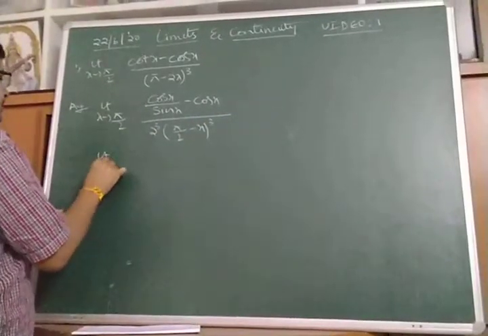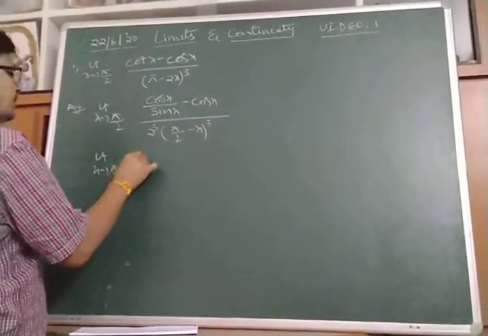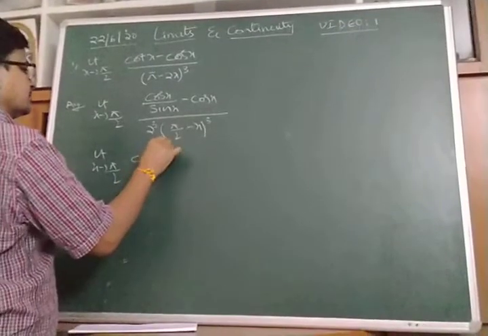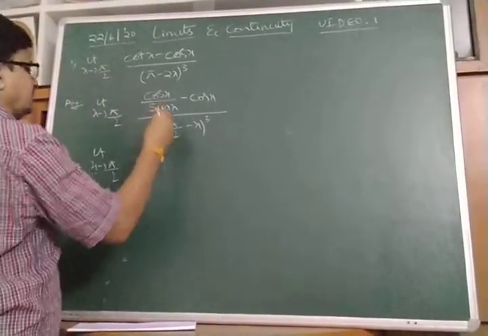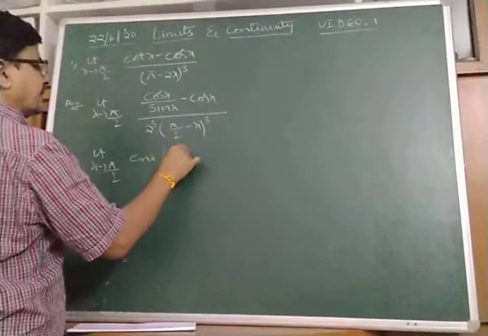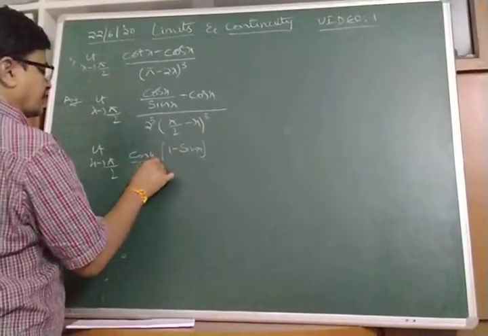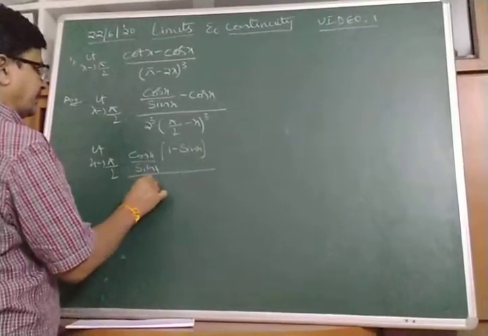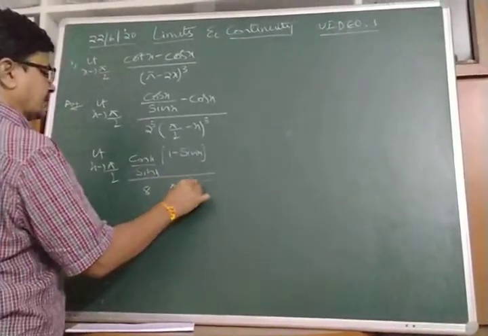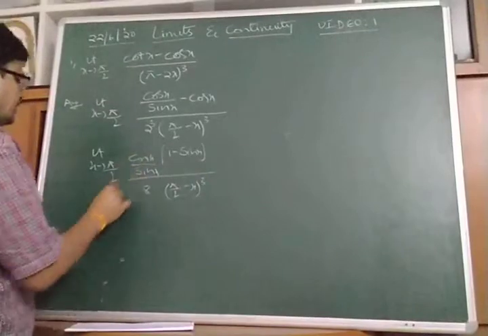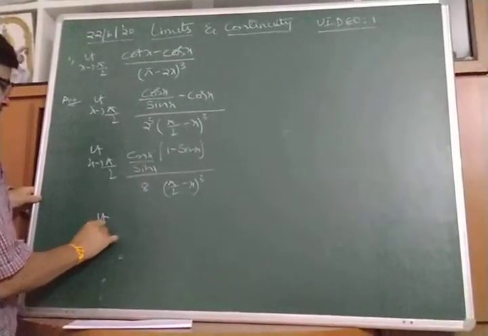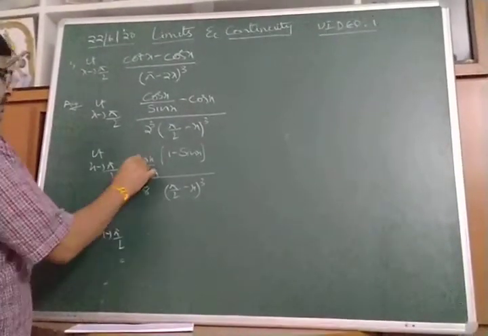Limit x tends to pi by 2. Taking cos x common, (1 minus sin x) by sin x, whole divided by 8 into (pi by 2 minus x) whole cube. Now this is limit x tends to pi by 2 of cot x.